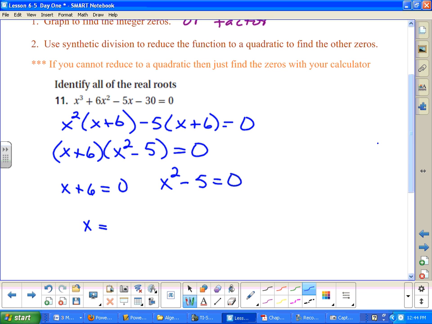So we get negative 6 for the first one. All right, but then there's this other one. What do I do to solve that one? Square root of 5 is the answer. Well, first thing I have to do what with the 5? Okay, add it to both sides. I've got to move it to the other side.